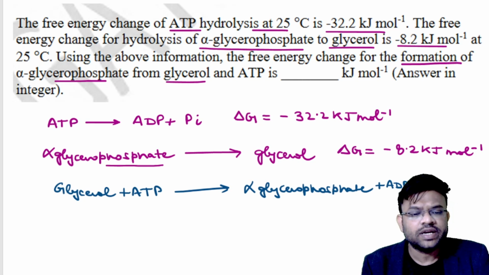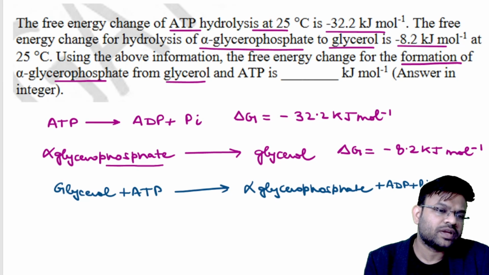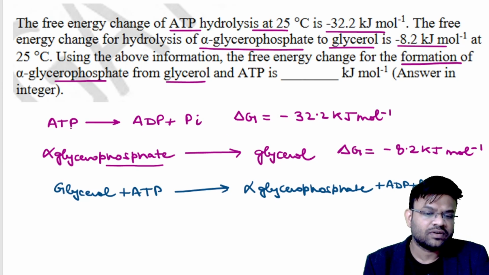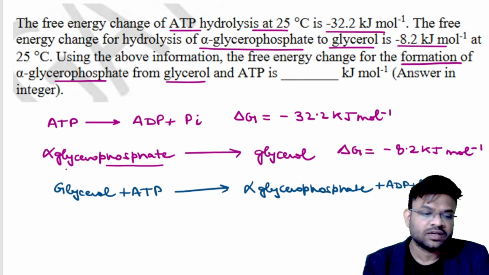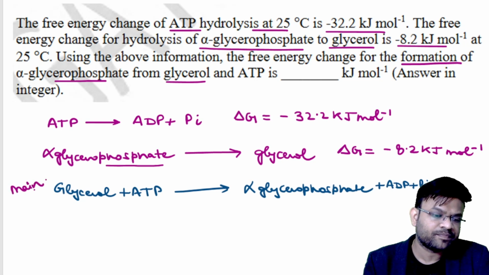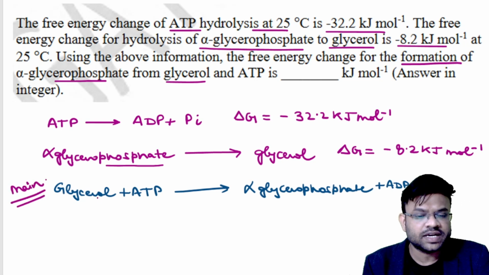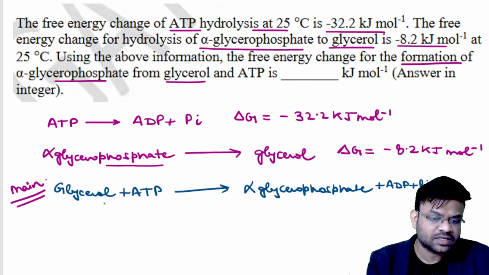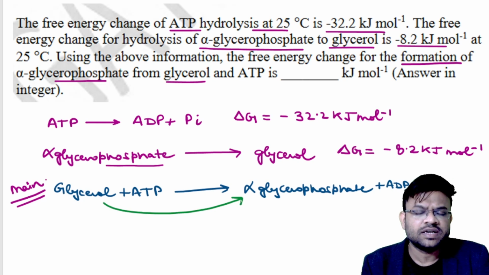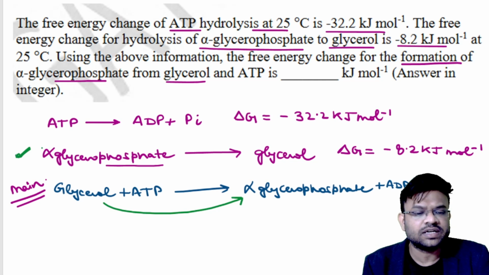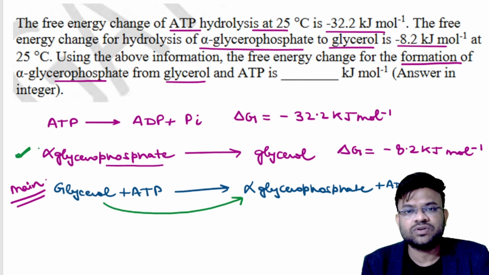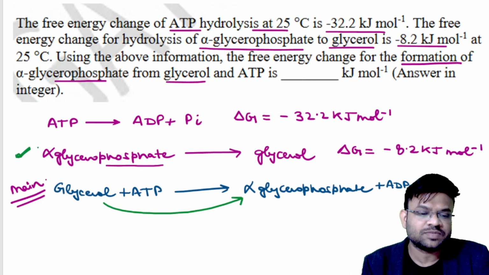We just have to add the two delta G values, but the important point over here is that in this reaction there are two things happening. This is the main reaction that we have to look at. Glycerol is getting converted into alpha glycerophosphate. Is the delta G value given to us for this particular reaction? No, actually in the given reaction alpha glycerophosphate is getting converted into glycerol. That means it is the reverse reaction that has been given to us.